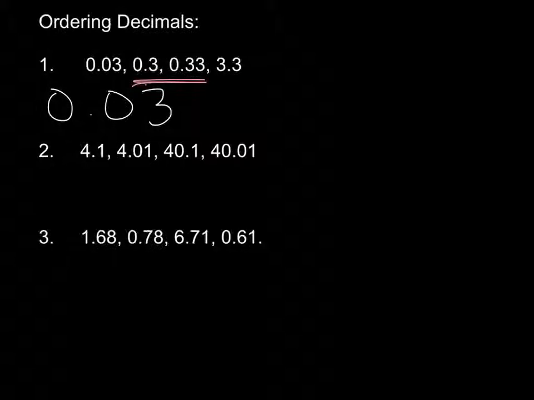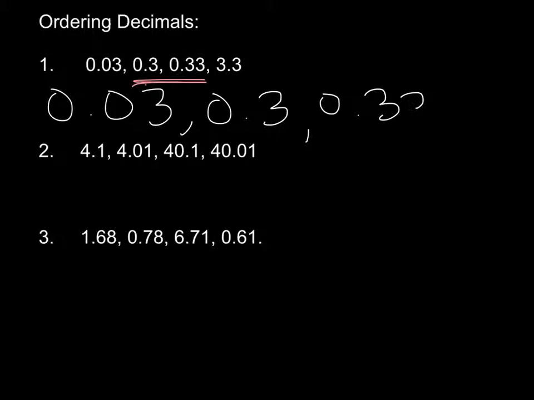I know that 3 tenths means I have 3 longs, each of them worth 10, so I have 30 out of 100. I know that 3 tenths is going to be less than 33 hundredths, so my 3 tenths is first, followed by my 33 hundredths.